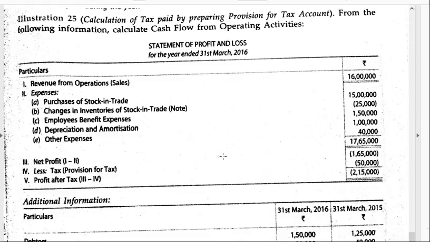Then expenses we are given: purchase of stock in trade, changes in inventories of stock in trade, employees benefit expenses, depreciation and amortization and other expenses. Then we have a net profit, that is a net loss actually, of 1,65,000 less provision for taxation 50,000 and profits after tax 2,50,000.